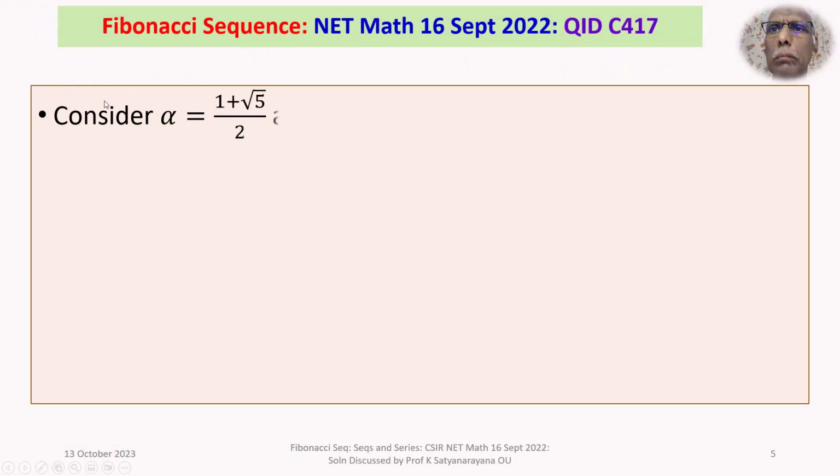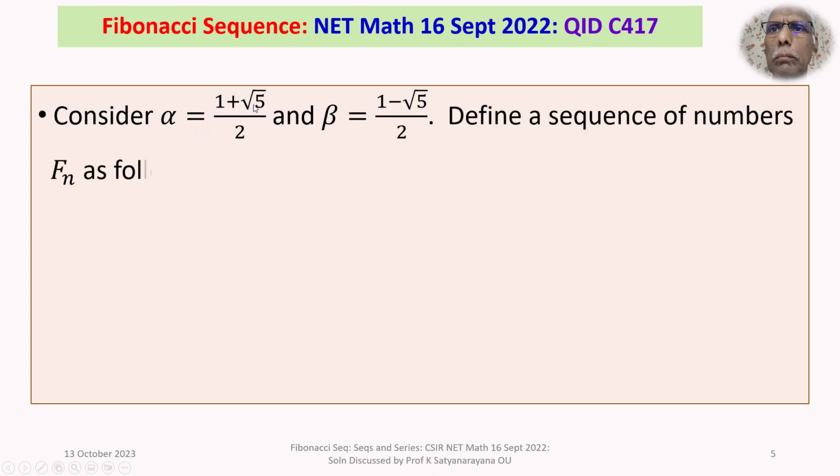The given question is: consider alpha is equal to (1 plus root 5) by 2 and beta is equal to (1 minus root 5) by 2.